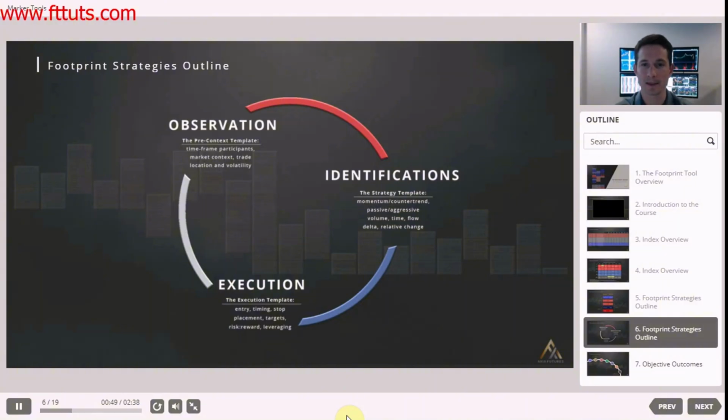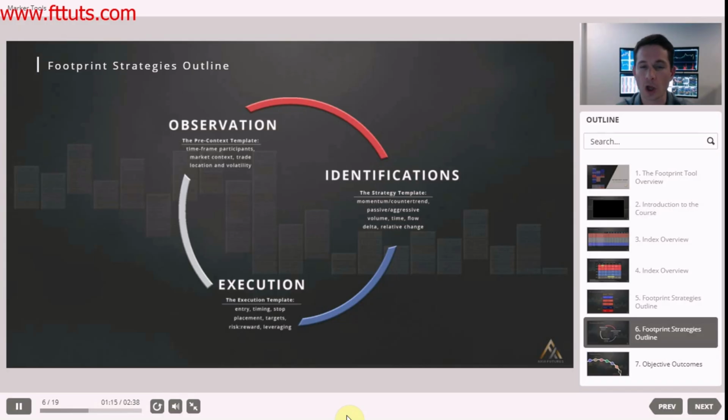So what do I mean by this? Take, for example, in Unit 6, when we begin the strategy, we're going to start off by observing the strategy. By observing it, we're going to talk about things like time frame participants, market context, trade locations, and volatility. These are all the sorts of characteristics that will allow you to observe when this trade strategy could potentially be in play.